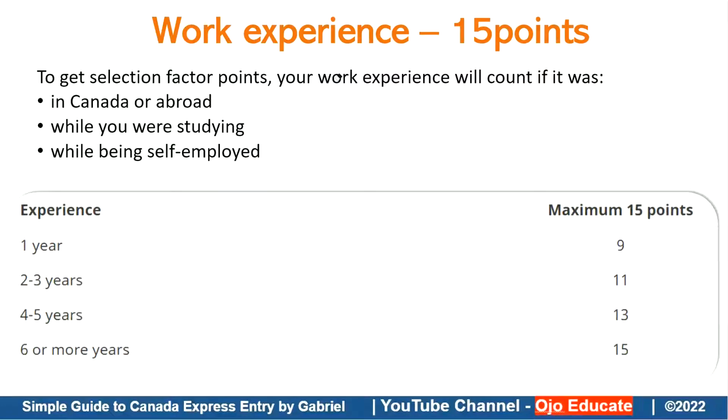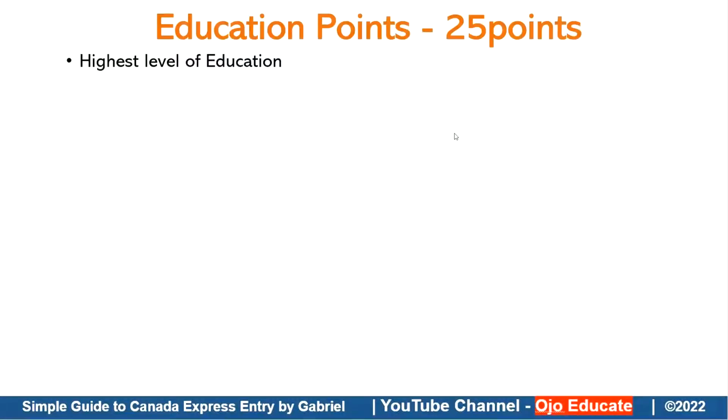If you have, let's say, 6 years of experience, you are going to get 15 points. That's where you can claim the points for work experience. So the next thing is education points, which is 25 points.